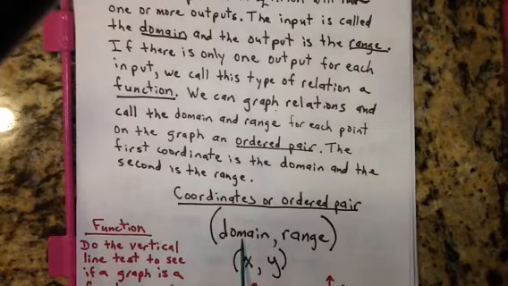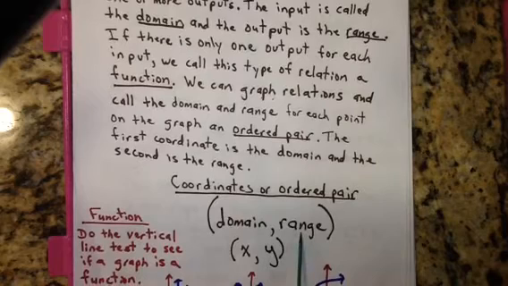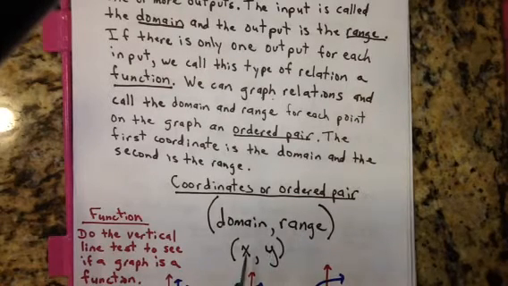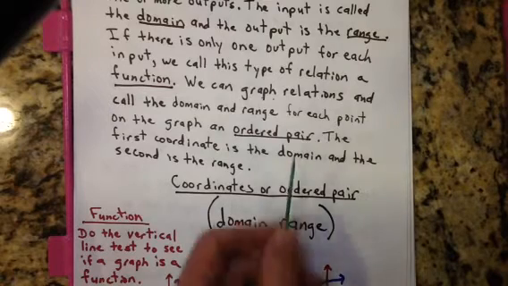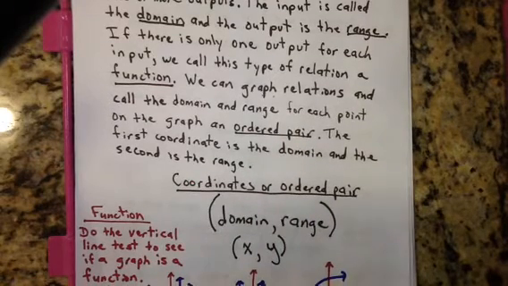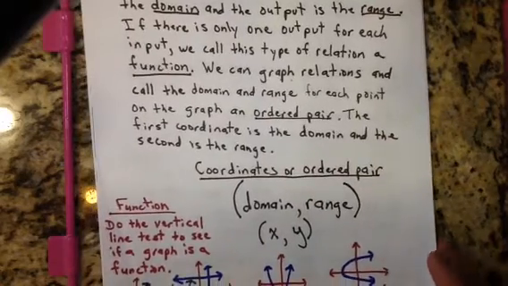Like I said, the left one is the domain, which is the x value, and the right one is the range, which is the y value. And the x value on a graph would go left to right, and the y value would go up or down. So I'll show that in just a few minutes.